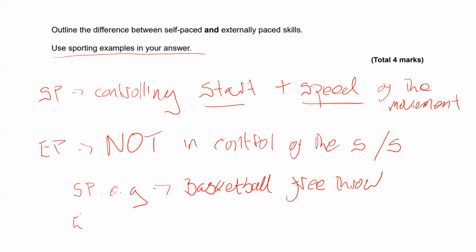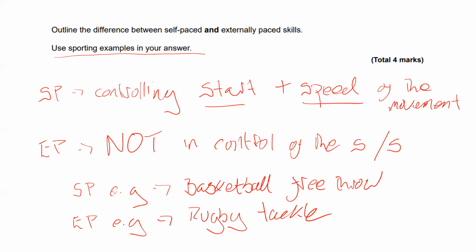Externally paced, the rugby tackle. You do not control the start and speed of that movement. It's not up to you entirely when you would tackle someone. If they're not there to be tackled, if they've changed direction or moved or slowed down, you have to react to that.